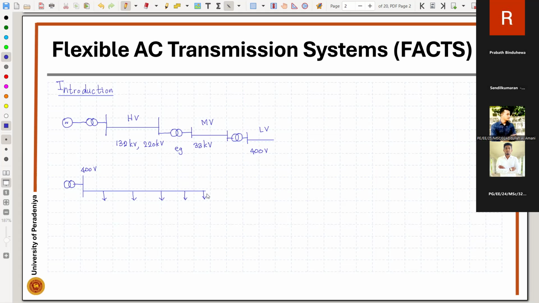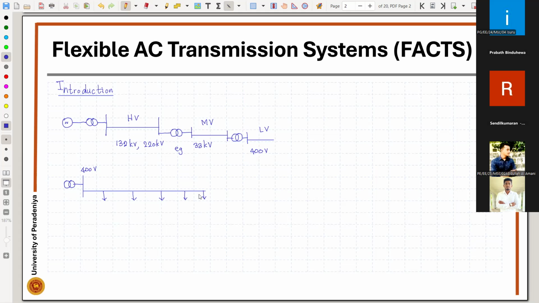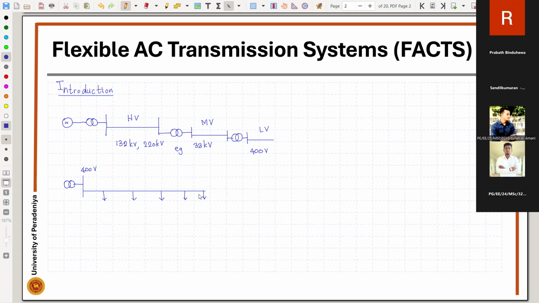If your house is located at the end of the distribution line, can you raise your hand? I got responses from a few students. I'm expecting responses from others as well.